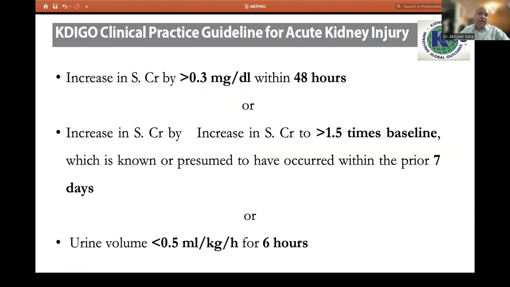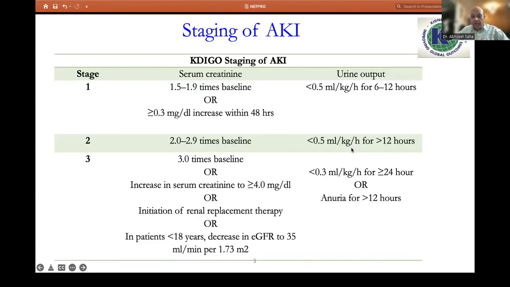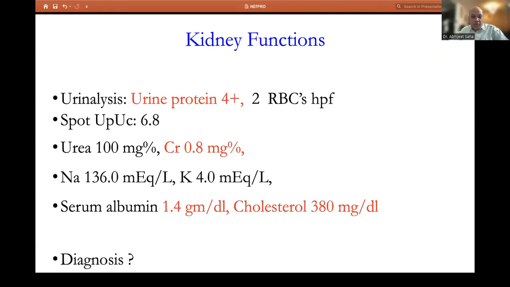So the KDIGO definition of acute kidney injury is a small increase of even 0.3 milligrams per dL within 48 hours, or a serum creatinine increase by more than 1.5 times in the previous 7 days, or a urine volume of less than 0.5 ml per kg per hour for 6 hours. They all can constitute acute kidney injury. So if we go back and see here, in this case, the creatinine was 0.8.